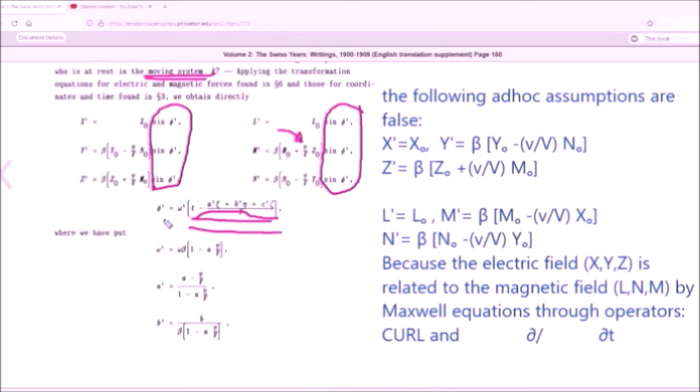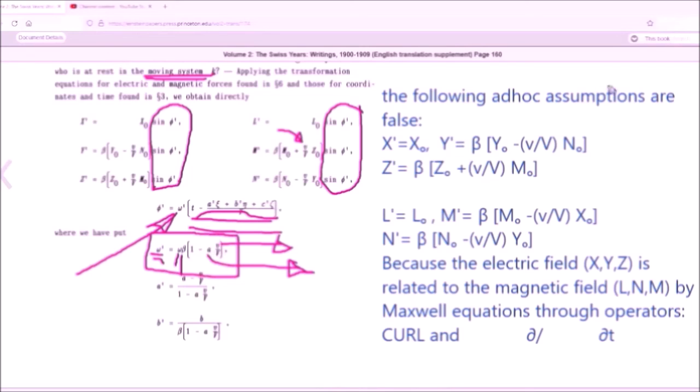But what we don't understand is how he reaches the conclusion that the angular frequency omega prime, he made another assumption without any proof, that omega prime equals omega in the resting frame multiplied by beta, which is 1 over the square root of 1 minus small v over V squared, times the quantity 1 minus the direction cosine in the x direction multiplied by v over V, assuming v is in the x direction.